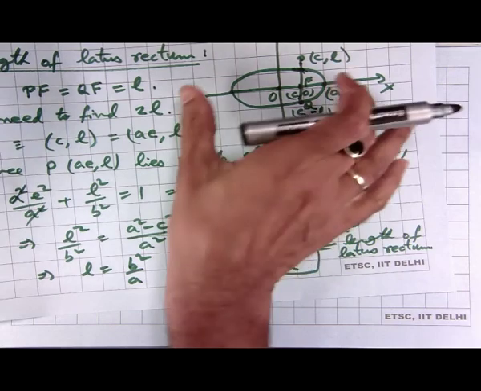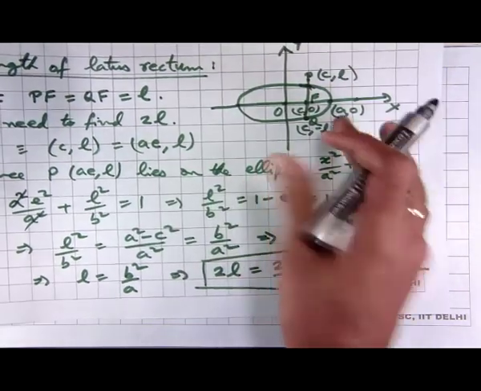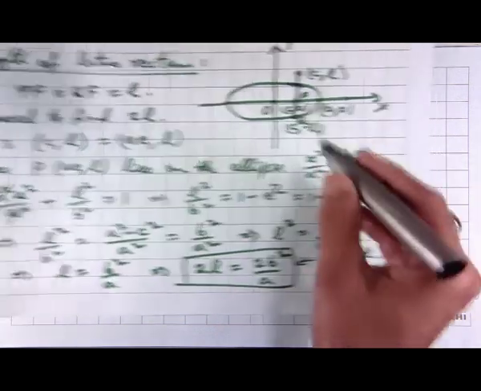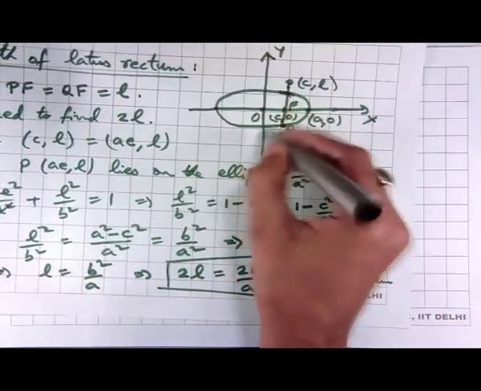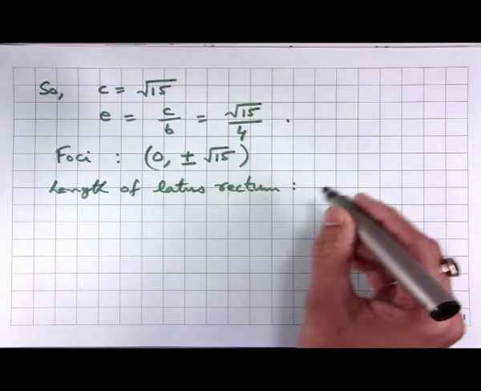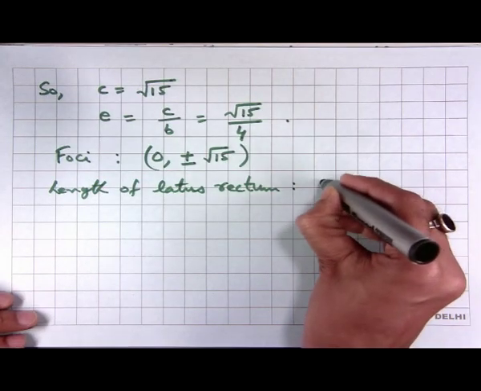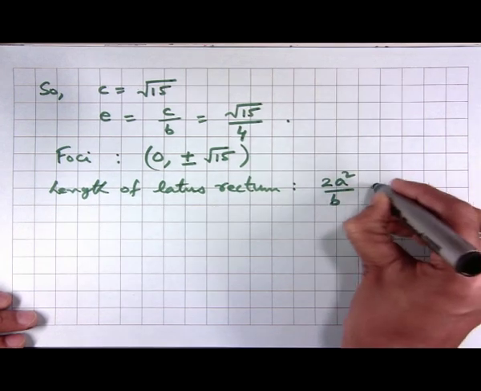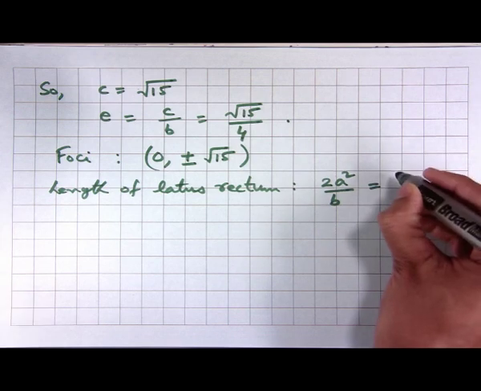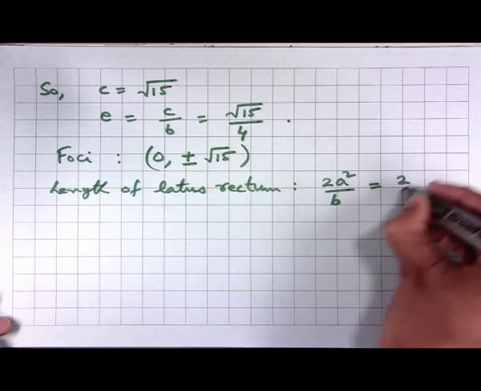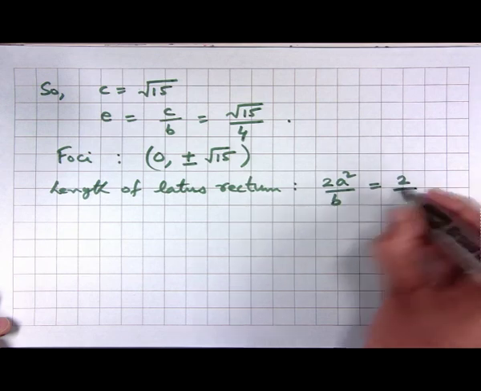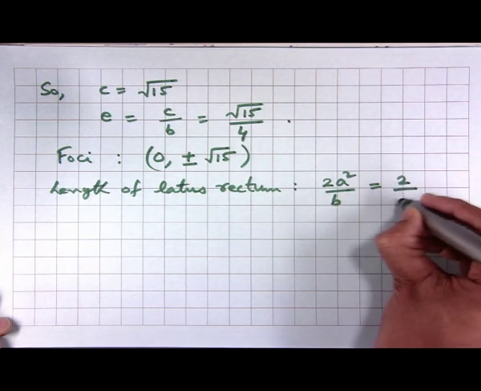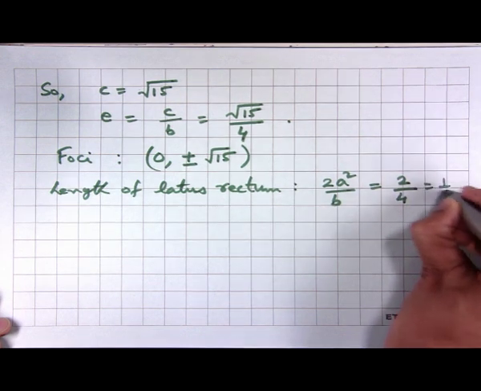So, if you just change the x and y axis, you will see that if the foci lie on the y axis, length of latus rectum will be 2a²/b, which, a is 1 here and b is 4, so 1 by 2.